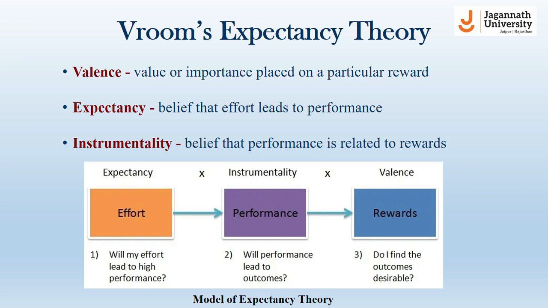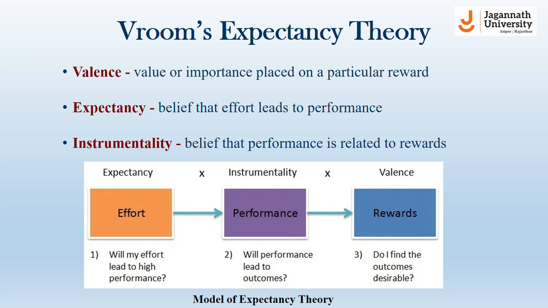And then reward, do I find the outcomes desirable? Now what is the reward? So what value does the individual place on that? As it is said, do I find the outcome desirable? If I feel the reward is worth keeping me motivated to put in more effort and extra effort next time, then that is the value I derive.